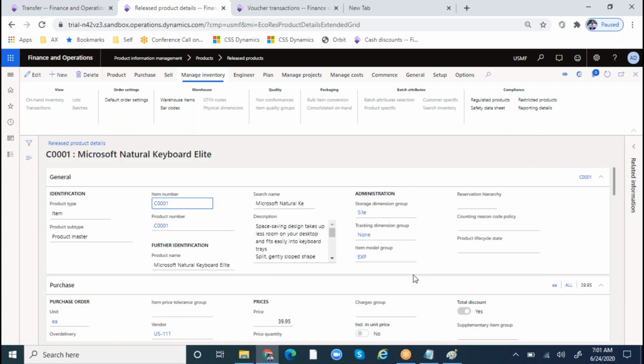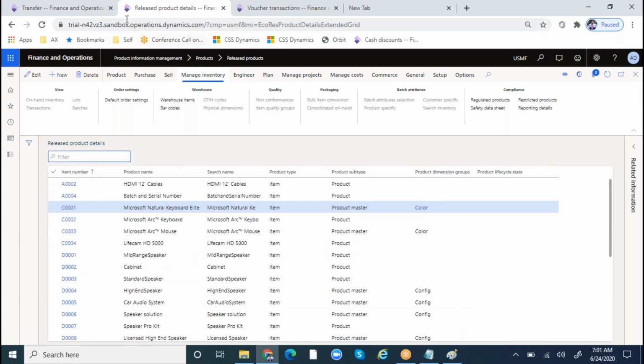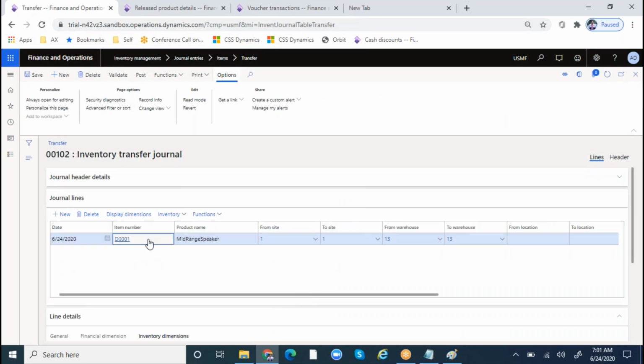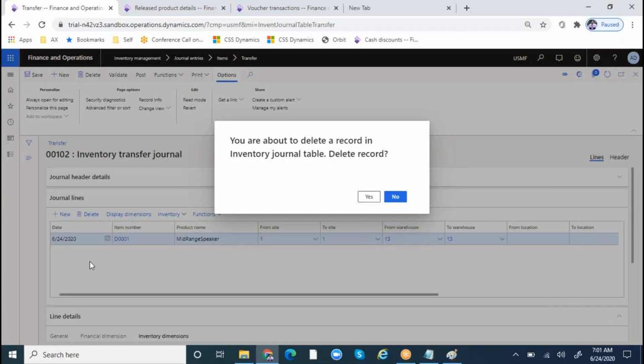Just give me one minute. Whether size is there or not, give me one second. Color C001 is having color. Okay, I will delete this one and take example C001 so that you can get a clear picture.